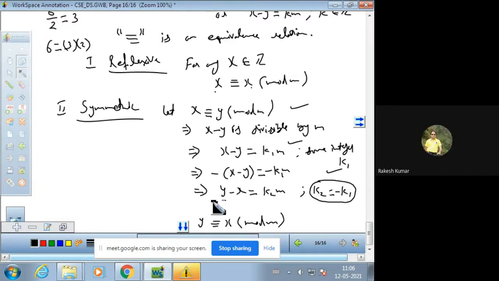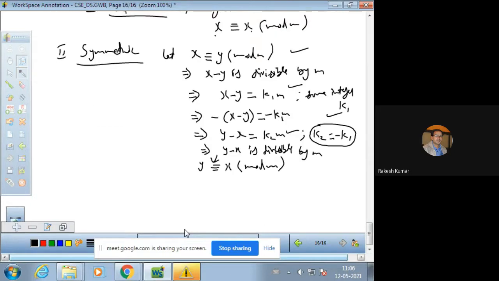So it means y minus x is divisible by m, and we get quotient k2. So from this we can write y is congruent to x modulo m. This satisfies the symmetric property, and we can say that the congruence relation is symmetric. And the third one is we have to satisfy the transitive property.